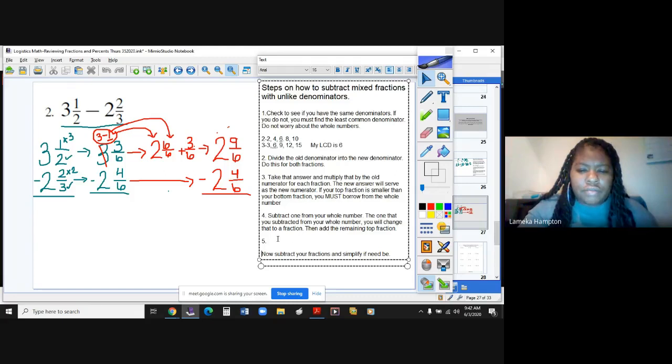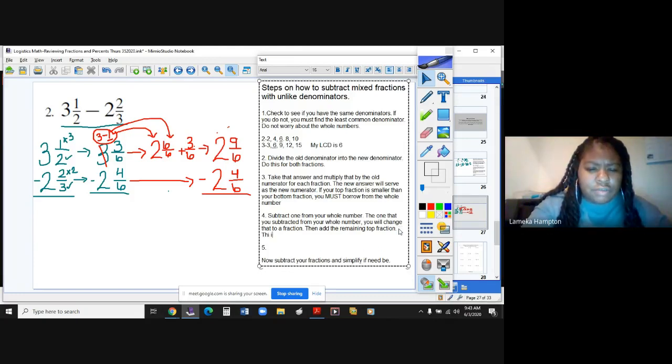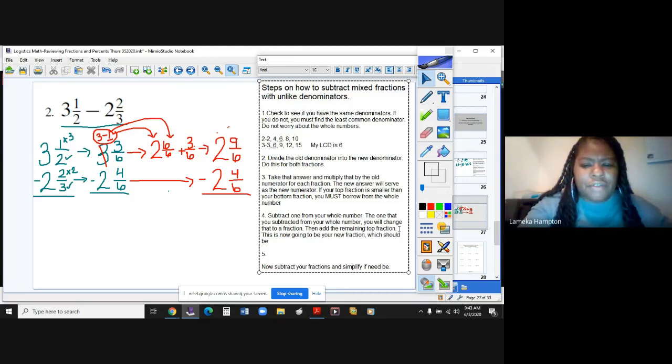So let me put this here. This is going to be your new fraction, which should be bigger than your bottom fraction, or larger.